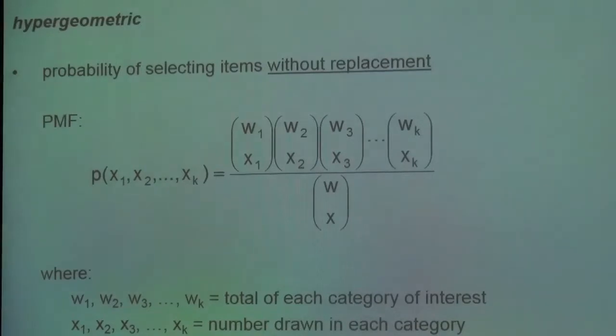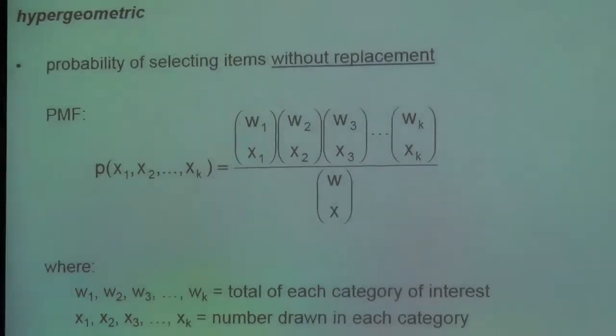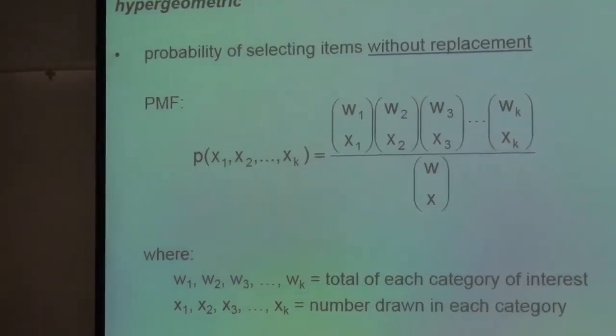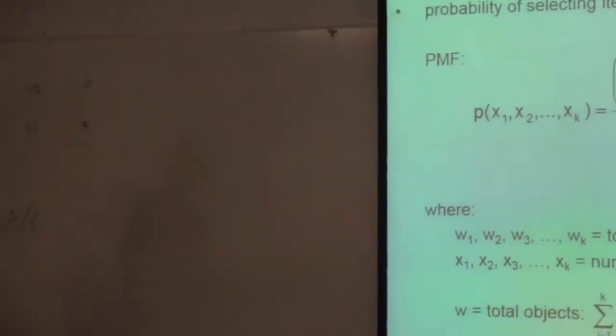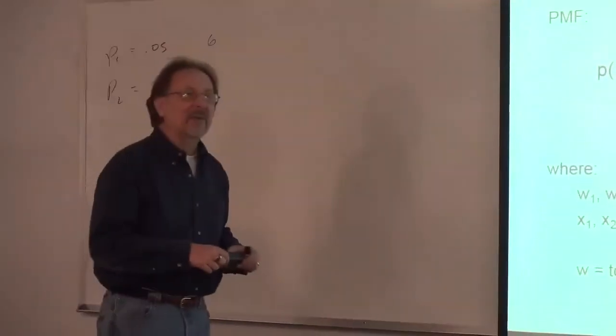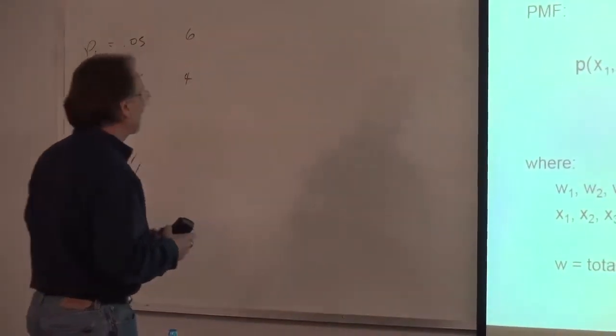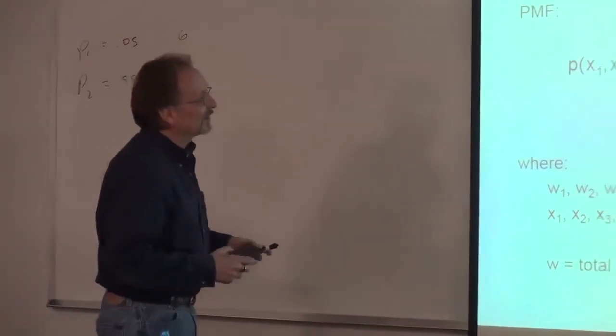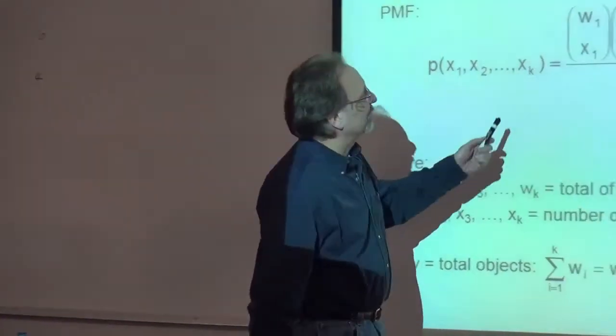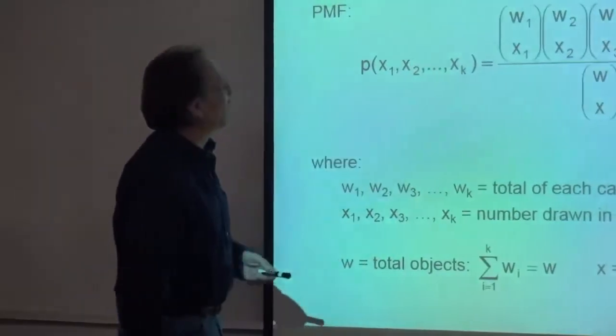However, if I draw one and then leave it out, and I draw another one, that's selecting without replacement. That's what the hypergeometric does. It gives you probabilities of selecting without replacement of each one of them, and as you can see, it's a series of combinatorics.